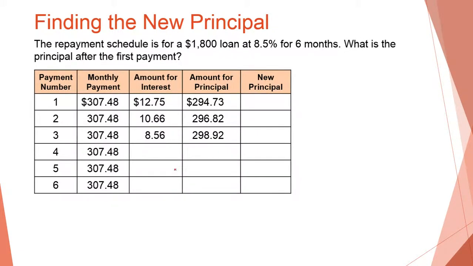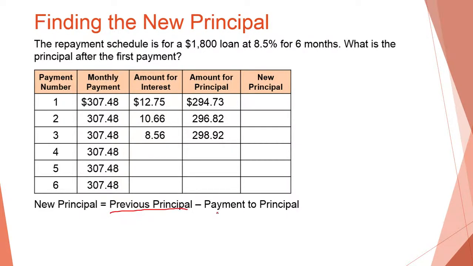Alright, finding the new principal. The repayment schedule is for a $1,800 loan at 8.5% for 6 months. What is the principal after the first payment? To find the new principal, all you have to do is take the previous principal and subtract the payment to principal.